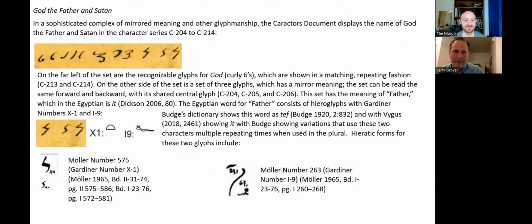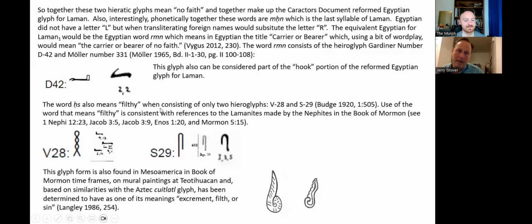And here's the other thing that's interesting. I did figure out previously that the hook and the line do actually mean the word filthy in Egyptian. As you know, that's one of the descriptions given towards the Lamanites in many places.